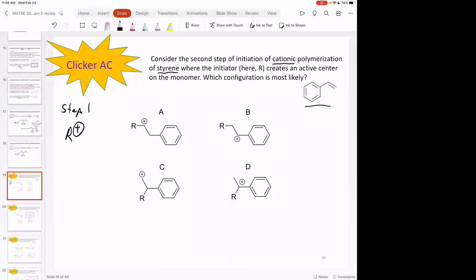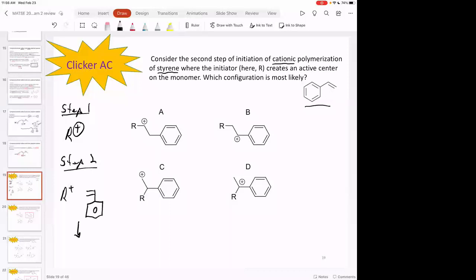And so step 2 is R plus is going to react with our styrene. And so the question is, what is the product of this reaction? What does it look like at the end of step 2?